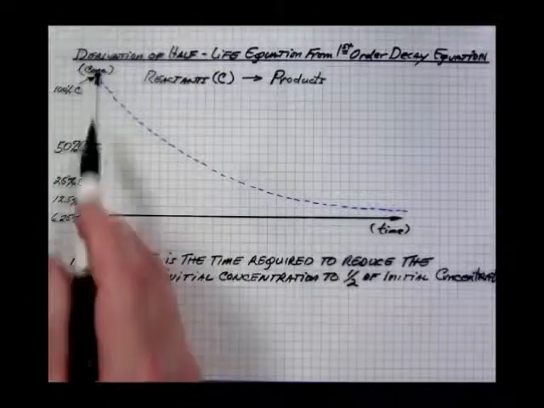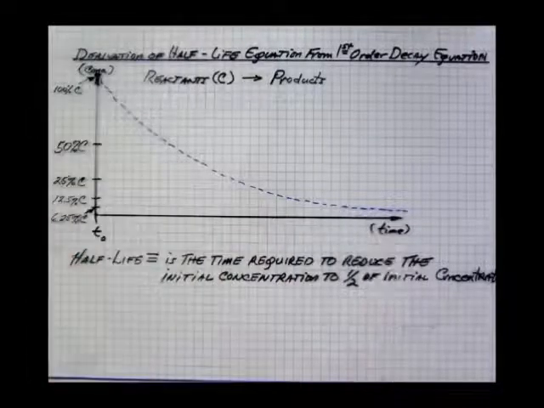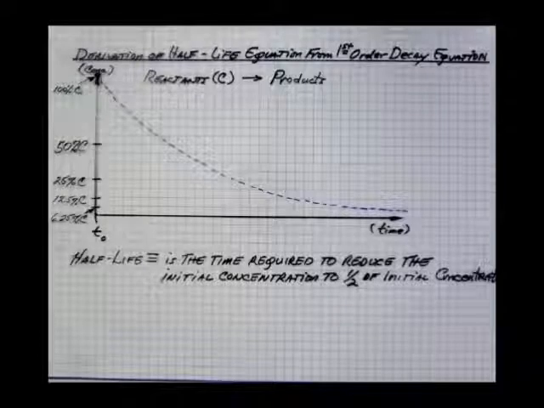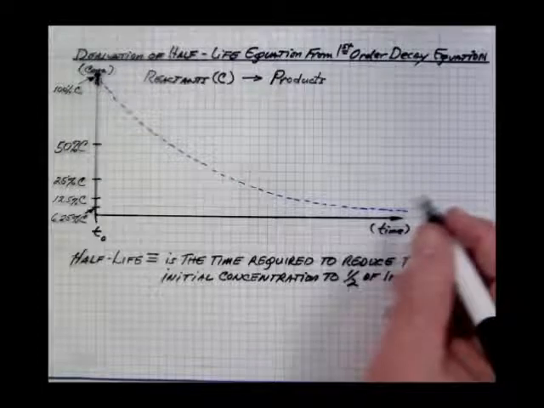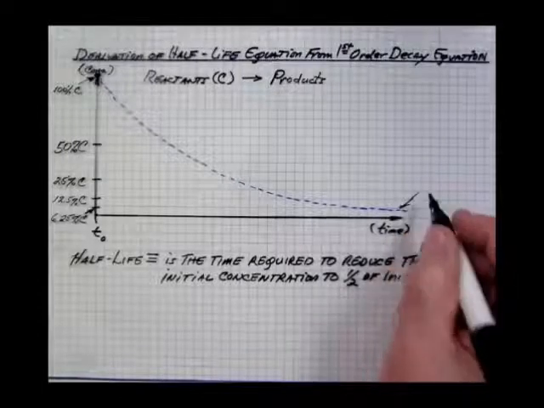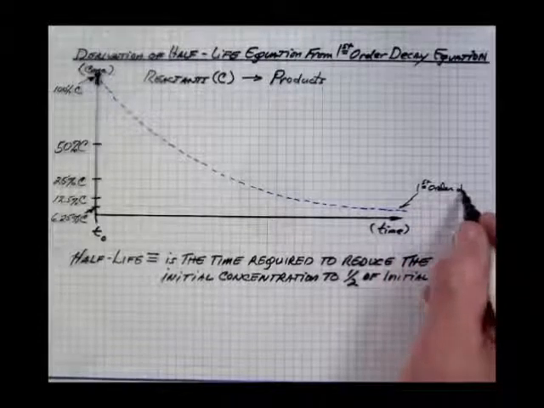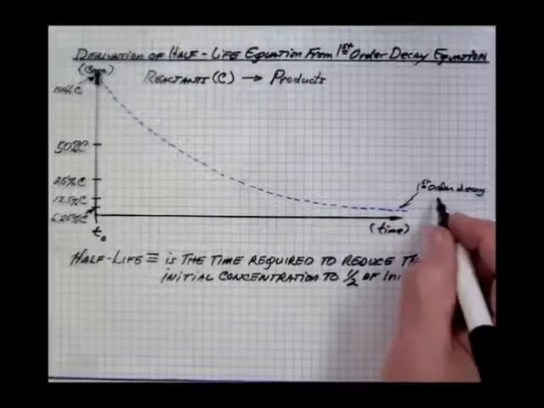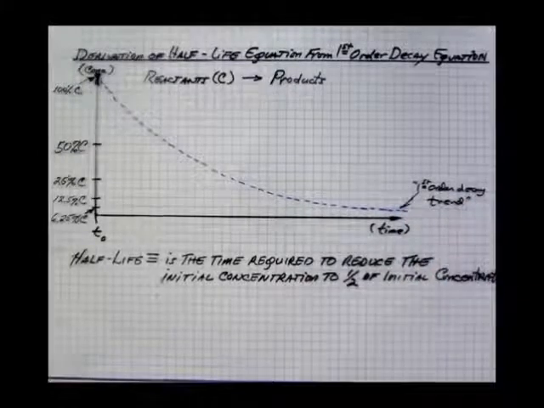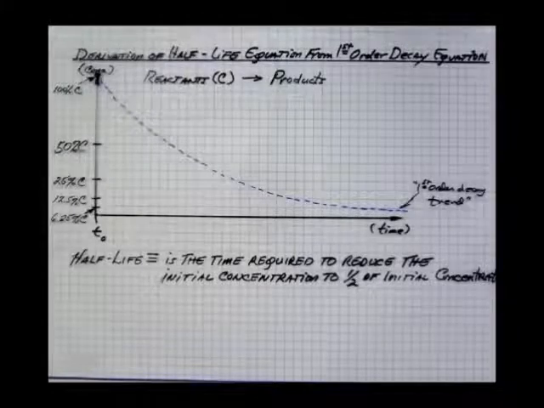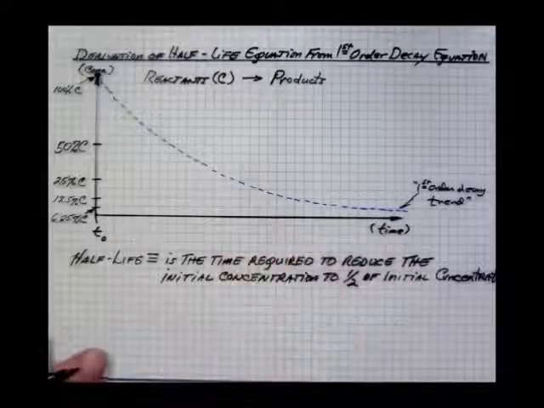Looking at the diagram that I've constructed, this is, of course, the somewhat standard first order decay. We'll assume that to be a first order decay trend, and work with our definition and derivation of the half-life equation from this graph.